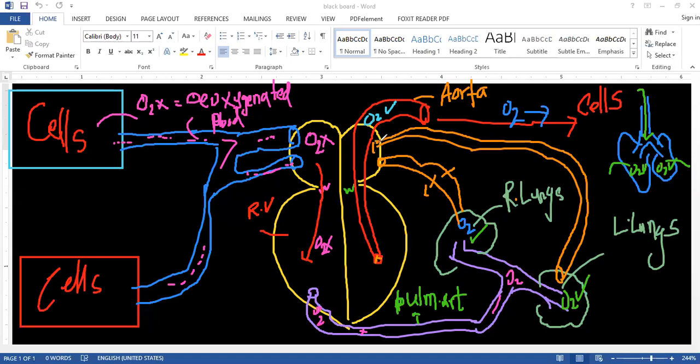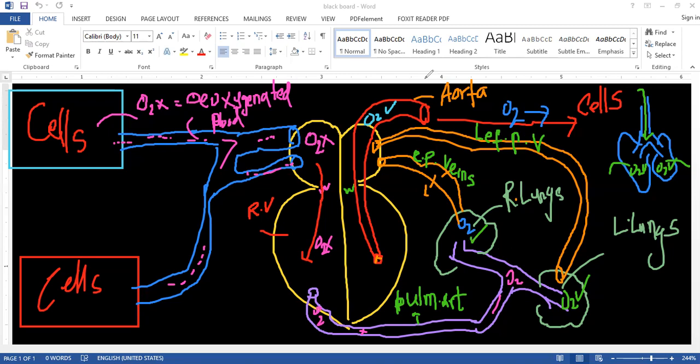That is the point we usually draw. Where is it coming from? From the lungs. So this can now be called the right pulmonary veins, and this is the left pulmonary veins.